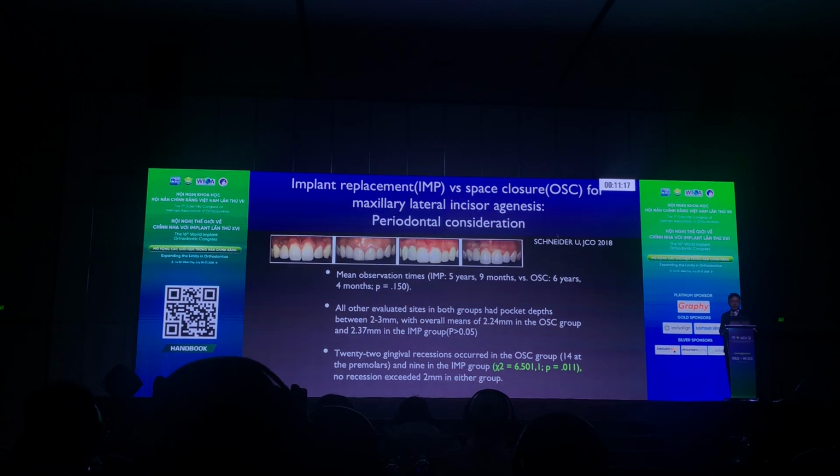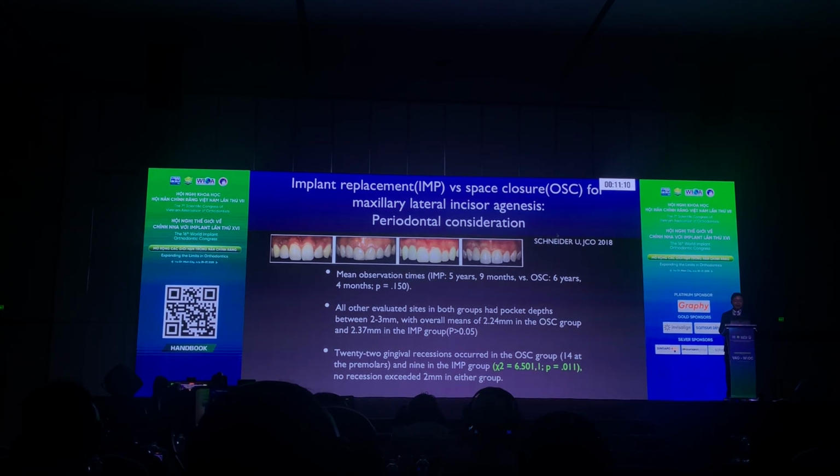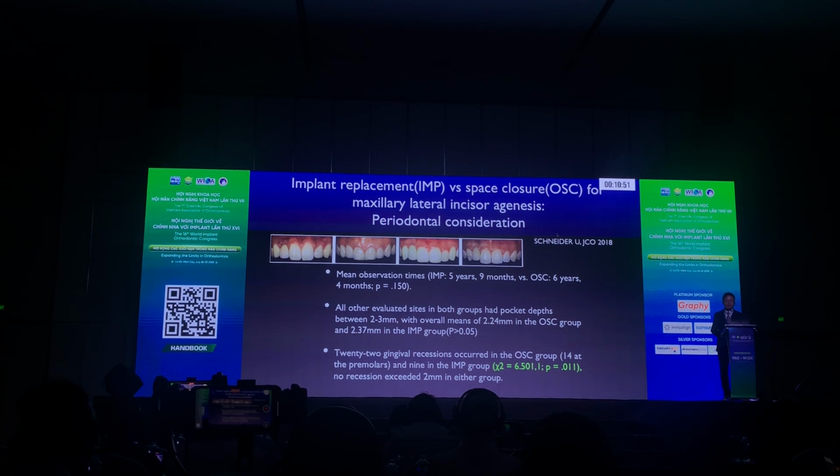How about periodontal situations? This study from Europe, by Dr. Schneider, compared the periodontal condition between implant replacement and space closure. She monitored for a long time, more than 5 years. The gingival recession and the pocket depth were her major outcomes, and the gingival pocket depth is quite similar between the two groups.